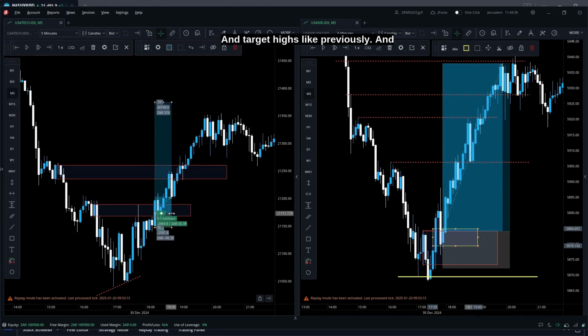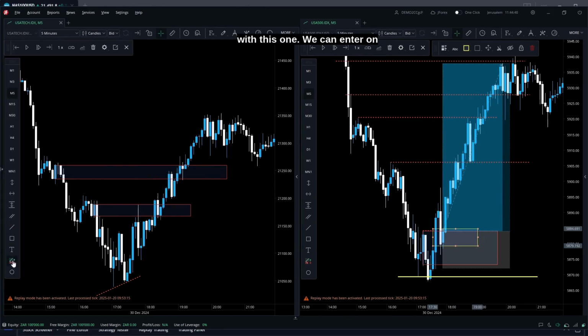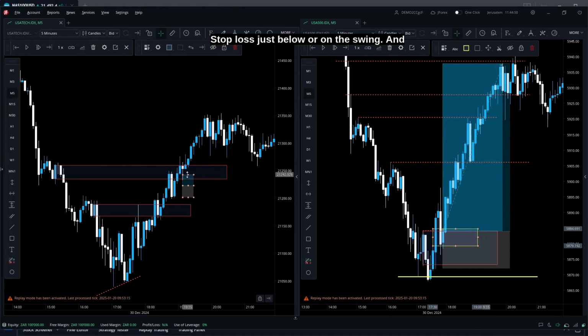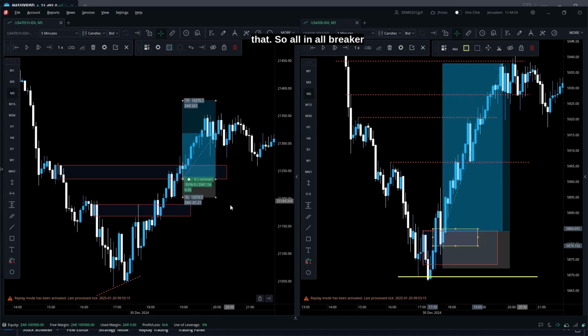We can target highs like previously, and with this one we can enter on the overlapping fair value gap, stop loss just below or on the swing, and targeting highs just like that.